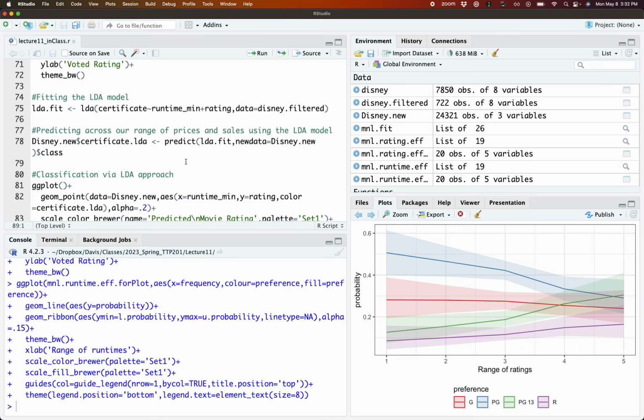No, I think that's very context dependent, and it's more important to understand the individual context of each of these models. When you are testing, you can run through a bunch of different models and see which one works. At the end of the day, my preference for MNL versus LDA is probably going to boil down to which one can give me better outcomes. So I might run the MNL, I might run the LDA and see which one gives me better errors. By error, you mean the error rate in prediction? Yeah.